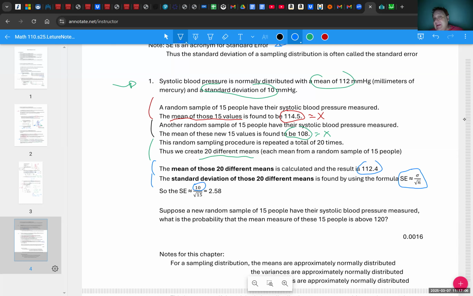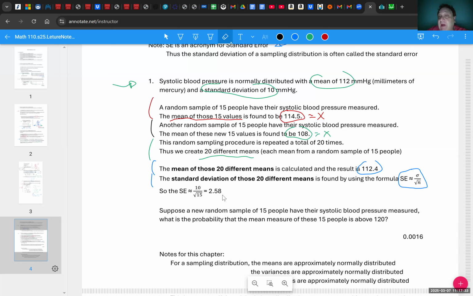And then n is the size of the sample. Each sample was 15 people. So I divide by the square root of 15. This is a formula that will calculate very closely the standard deviation of the sampling distribution, what we call the standard error.